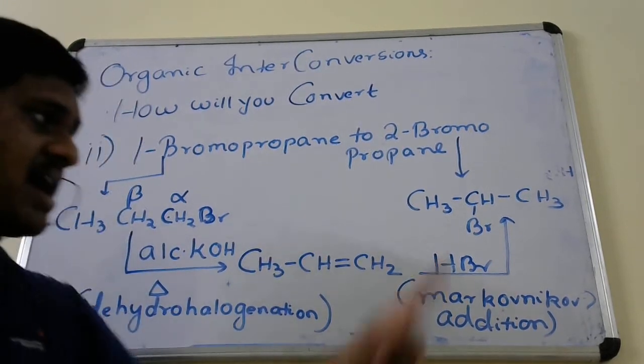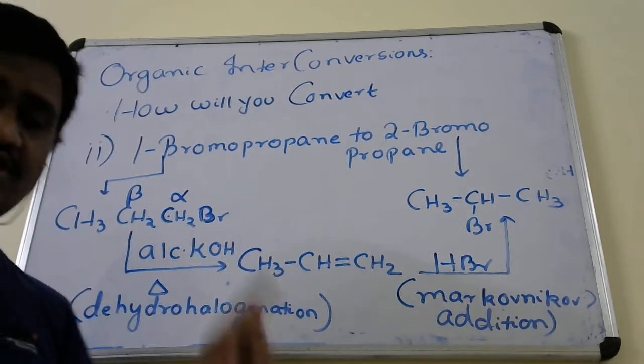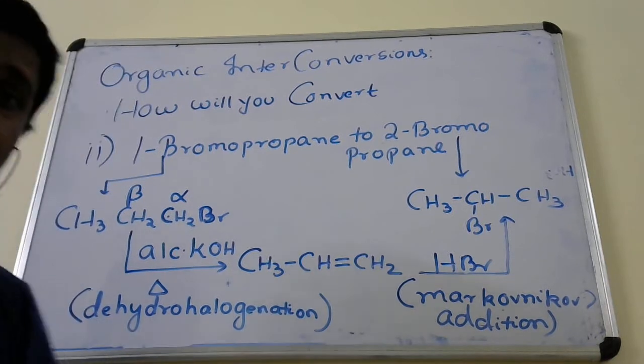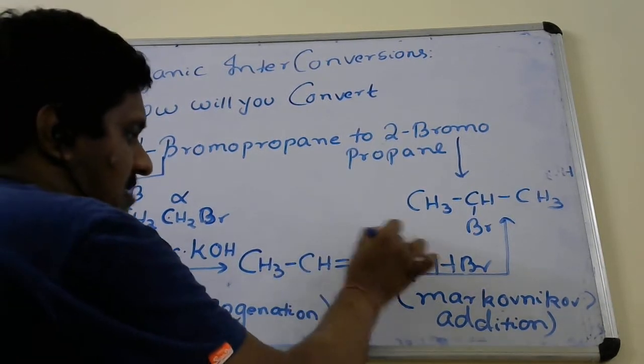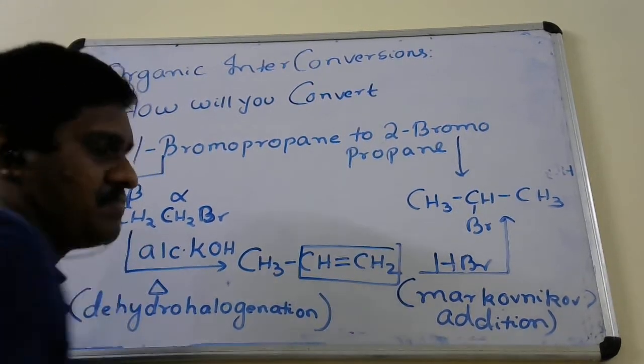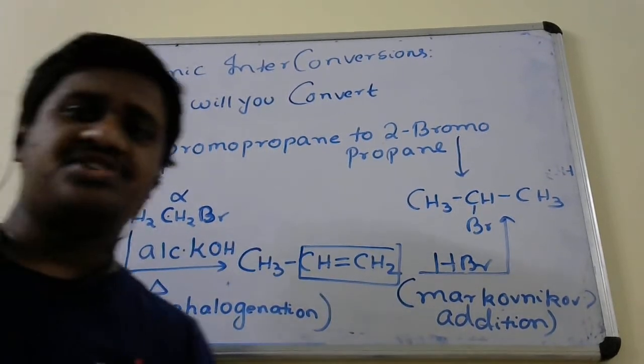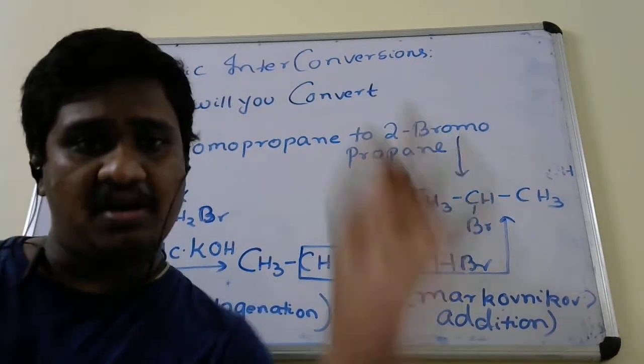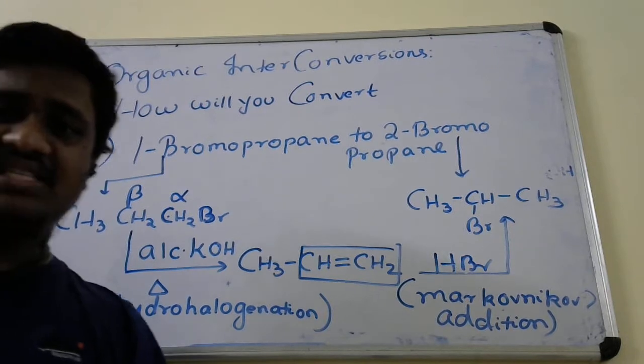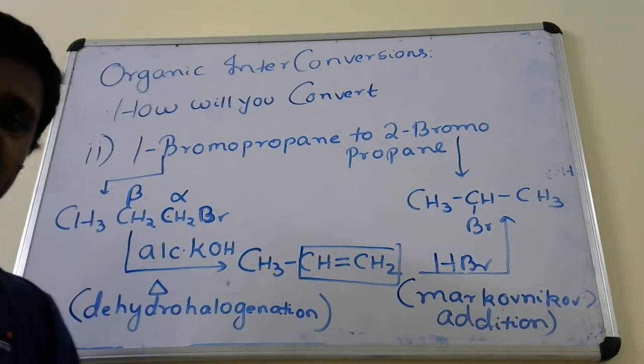You see, in a double bond there are 2 carbons. So the halogen will be introduced in that carbon of the double bond which has lesser number of hydrogen.